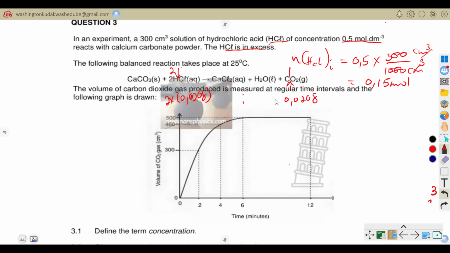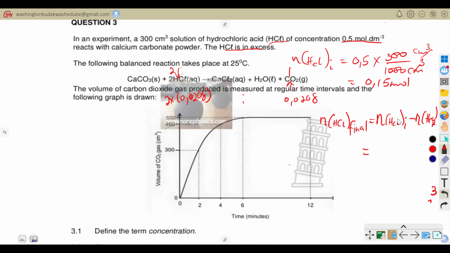So for us to find the ones that were left, we say that the number of moles of HCl final will be the number of moles of HCl that we had initially minus the number of moles of HCl that reacted.